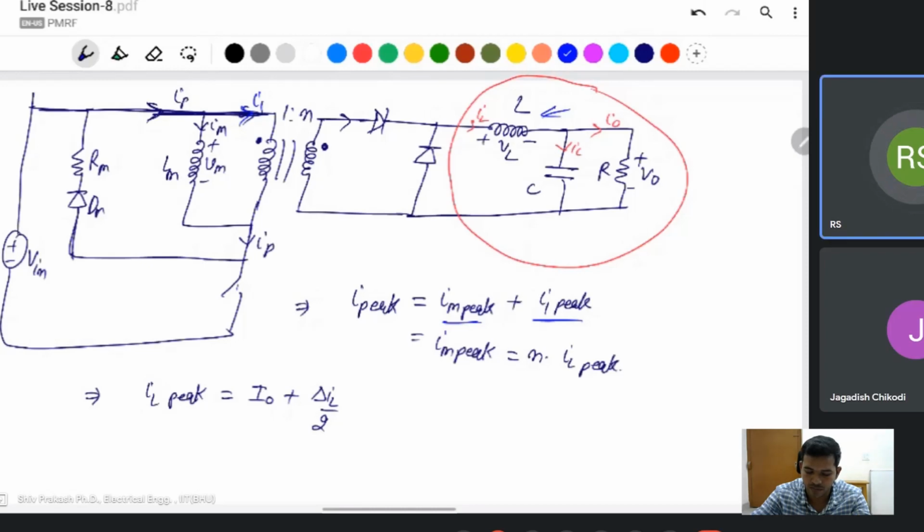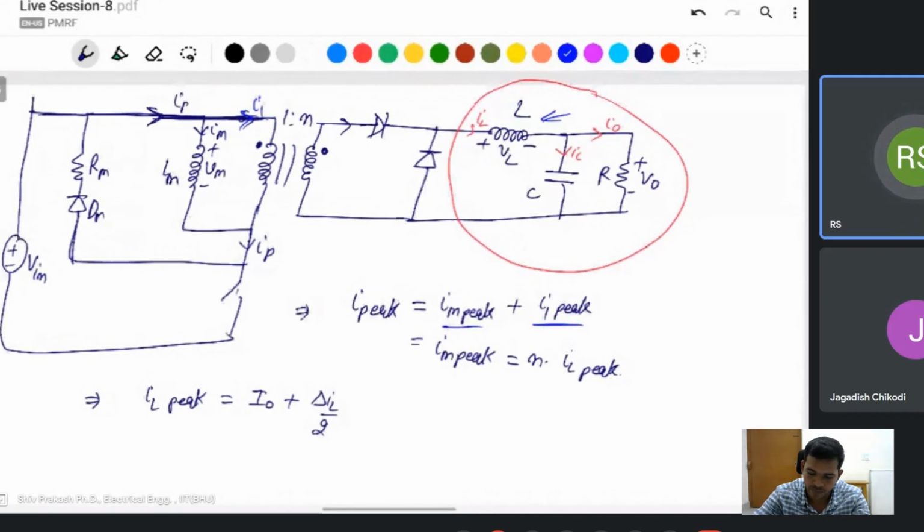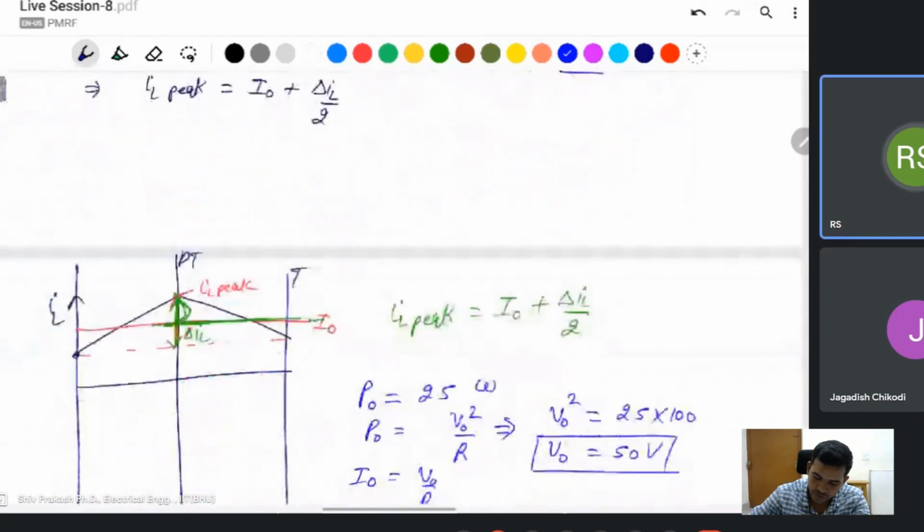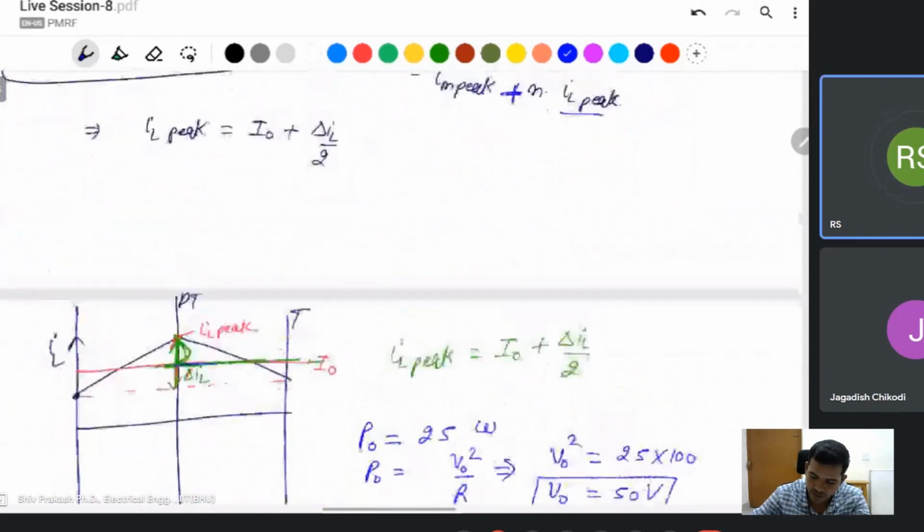So IP is IM plus N times IL. Yes. Then IM peak plus N into IL peak, and IL peak is I naught plus delta IL by 2.